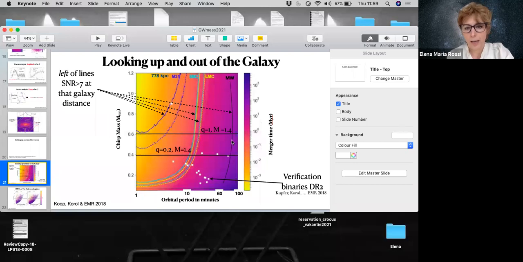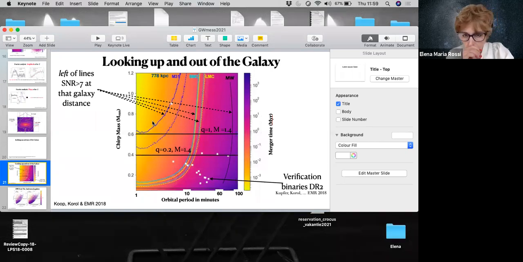Okay, so at the interior, at the left of this line, there is a signal to noise ratio greater than 7 at the distance, for instance, of M31 Andromeda. This region is the region where we can detect binaries. For the Small Magellanic Cloud, all this region is where we can detect binaries.